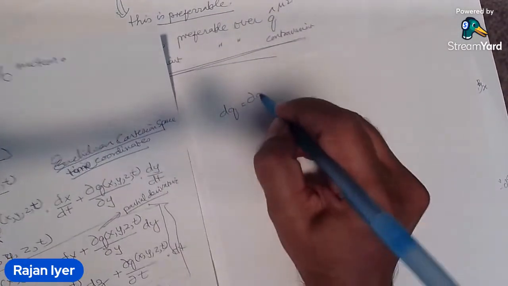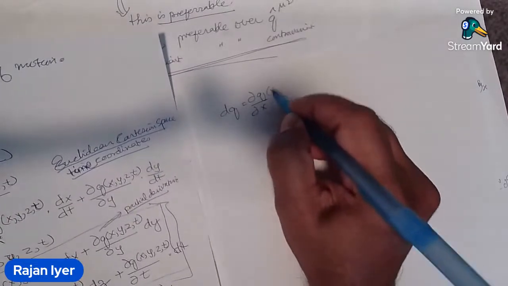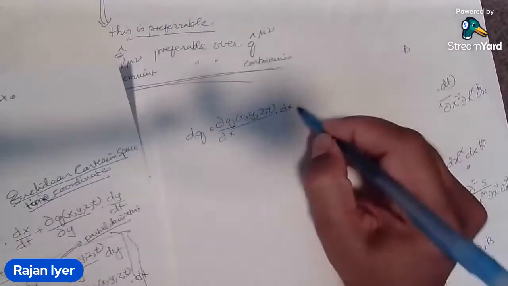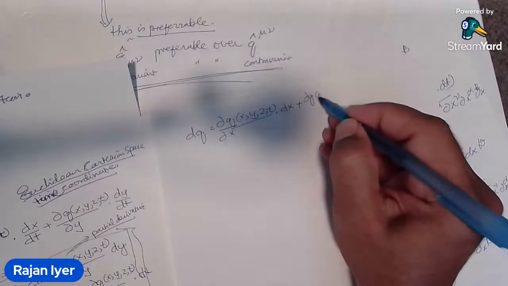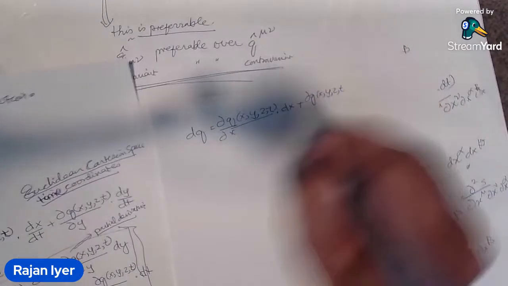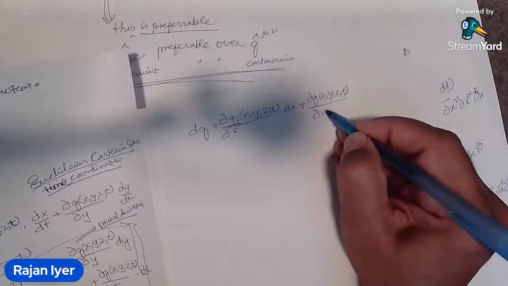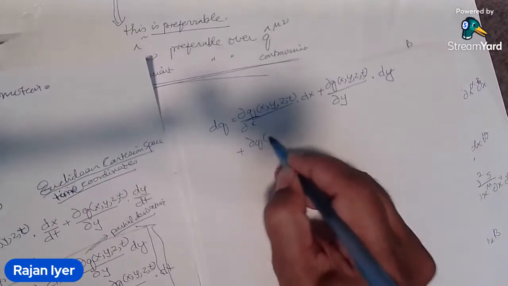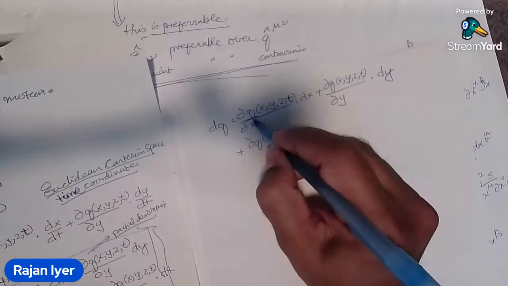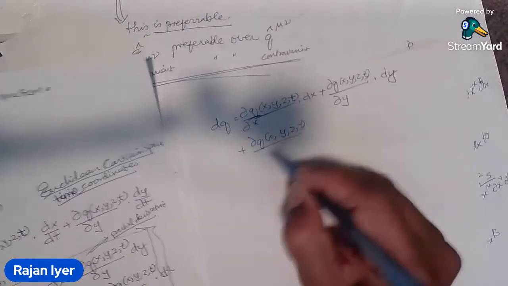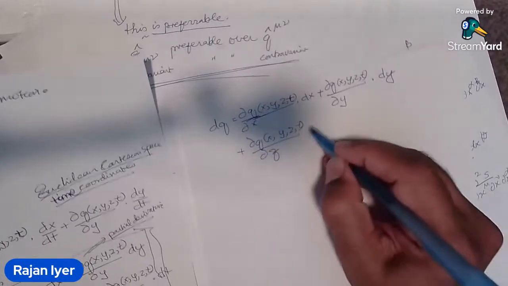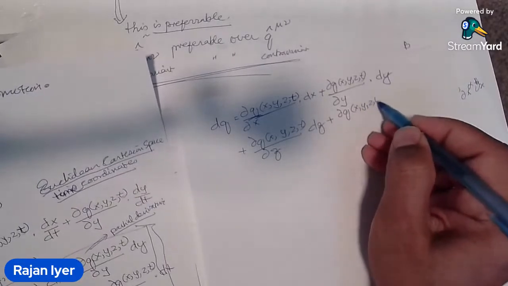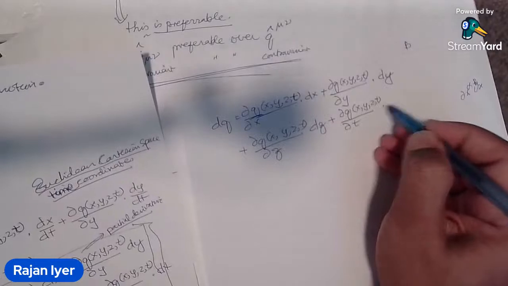Let me rewrite that, del q over del x, because we'll use it a lot of times, times dx, plus del q x y z t over del y times dy, plus del q x y z t over del z dz, plus del q x y z t over del t times dt.